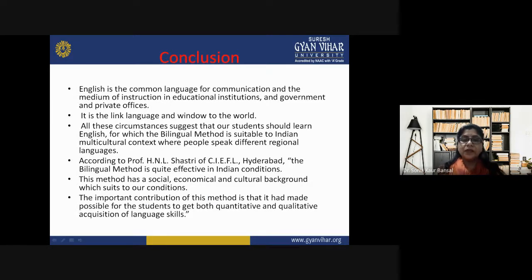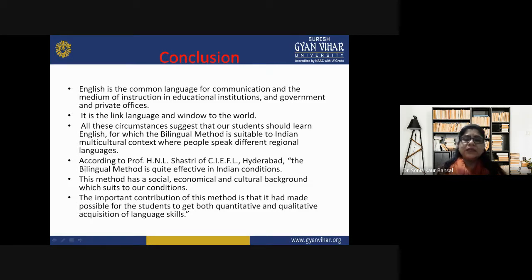So in conclusion, we can say that English is the common language for communication and the medium of instruction in educational institutions and government and private offices. This is a common language for communication. Of course, it is the link language and major window to the world, as Jawaharlal Nehru has also said.